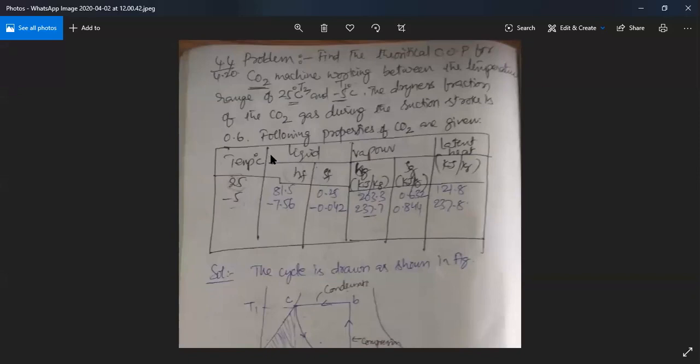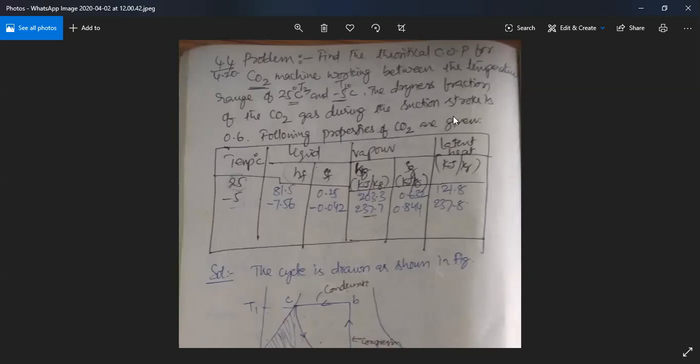So you have a table form with information like before and after the compression. See, 25 degrees is where the maximum temperature will be. Minus 5 is in the evaporator. Generally the lowest temperature will be in the evaporator. Okay. They have also given the information about liquid and vapor latent heat at those temperatures.